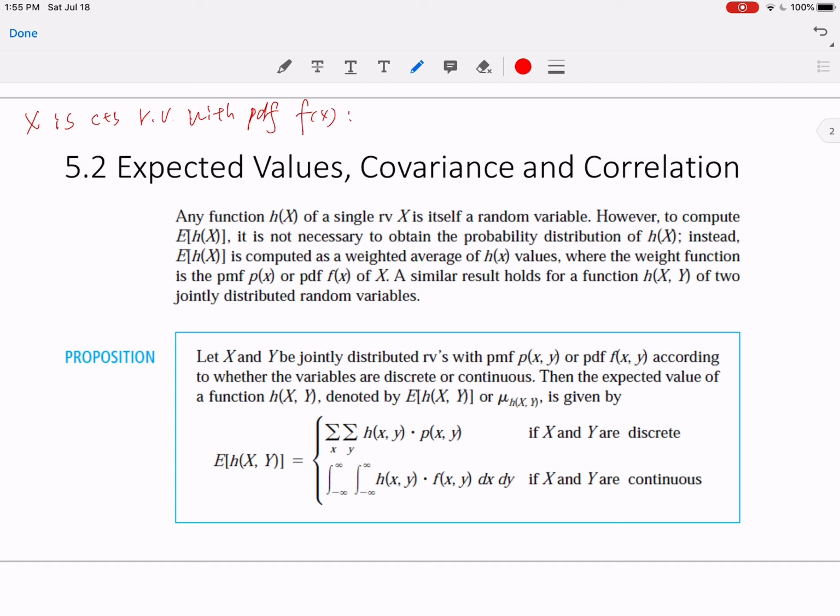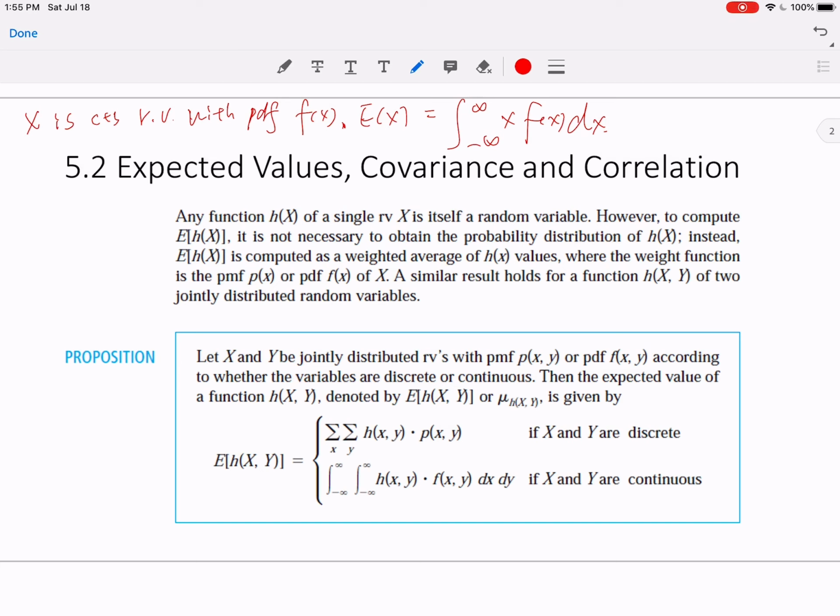Then the expected value E of X is equal to the integral from negative infinity to positive infinity of x times f of x dx. That's how we find the expected value of X if it's a continuous random variable.